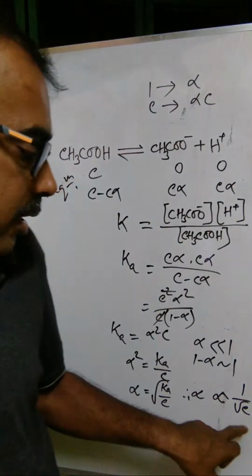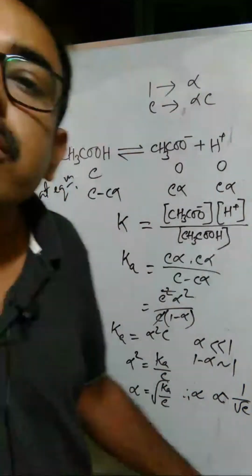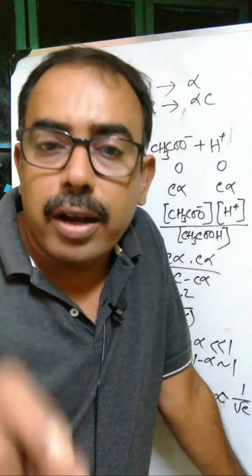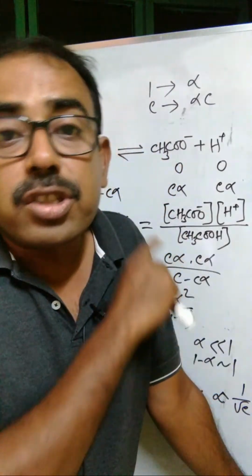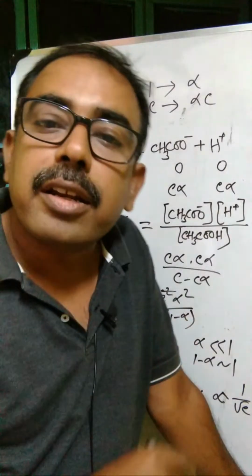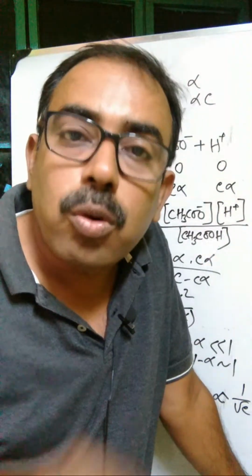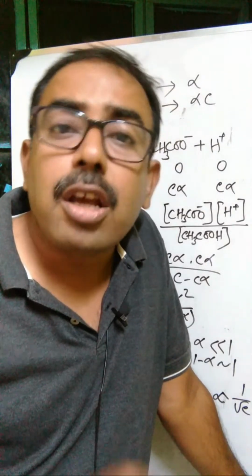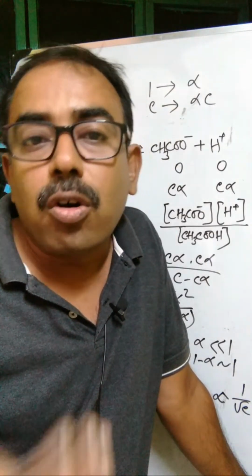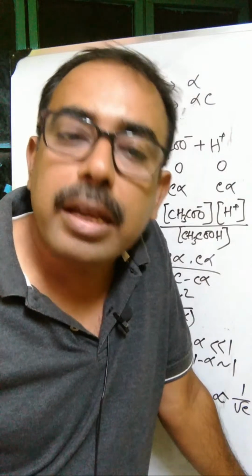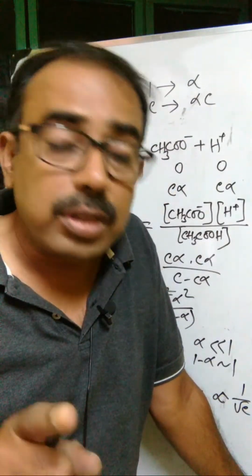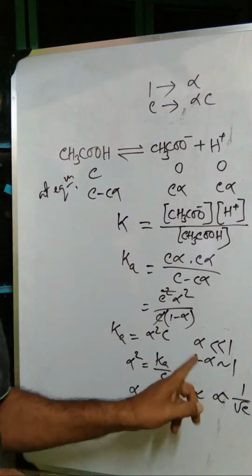If concentration decreases, alpha will increase. So, for a weak electrolyte, we can shift that equilibrium towards the forward direction by just adding water. With dilution, the degree of dissociation of a weak acid, weak base or weak electrolyte increases.